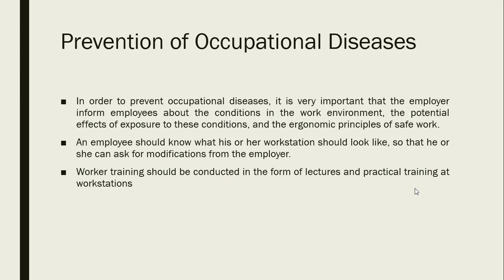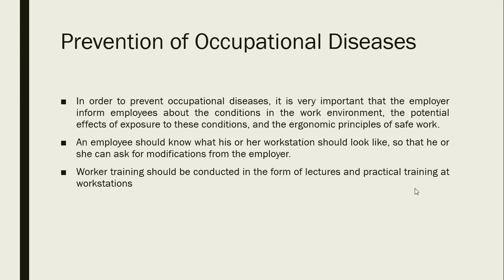So that's why there is an orientation. Employers must be honest about what the working conditions will be. And of course, if the working condition is harsh, they should provide personal protective equipment or PPE for the employees to wear. And then an employee should know what his or her workstation should look like so that he or she can ask for modifications from the employer.